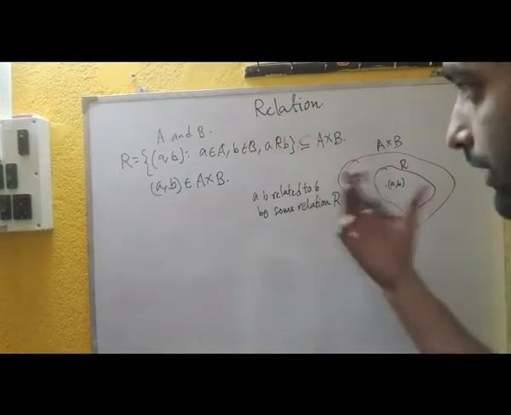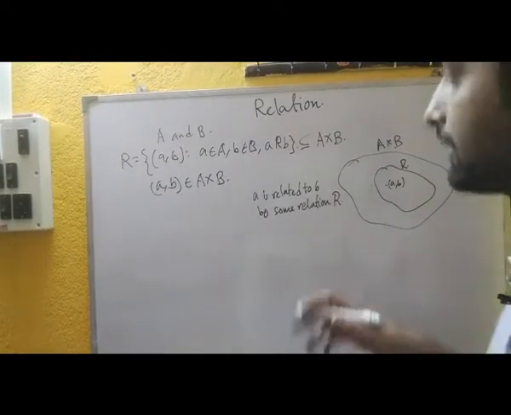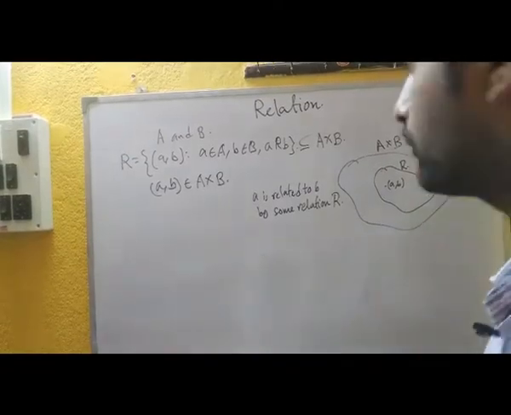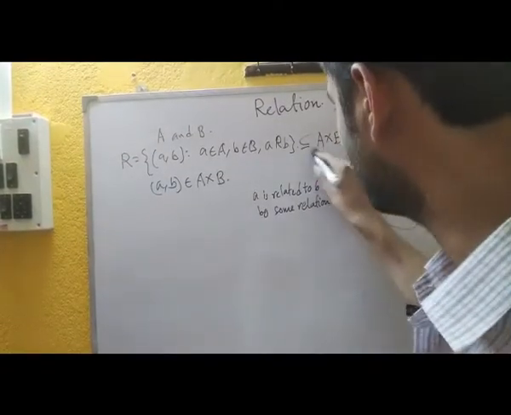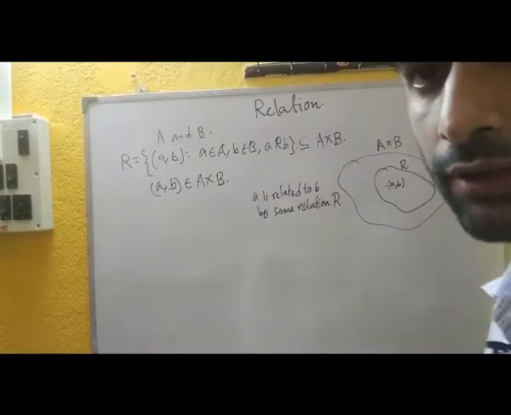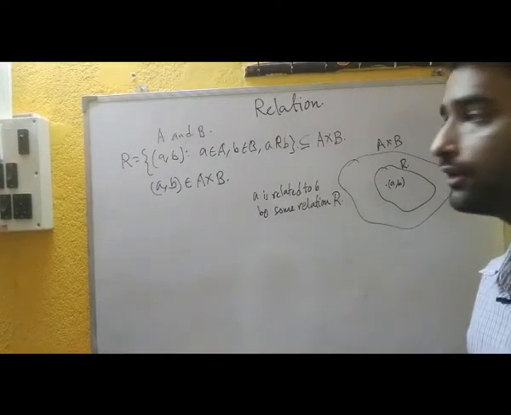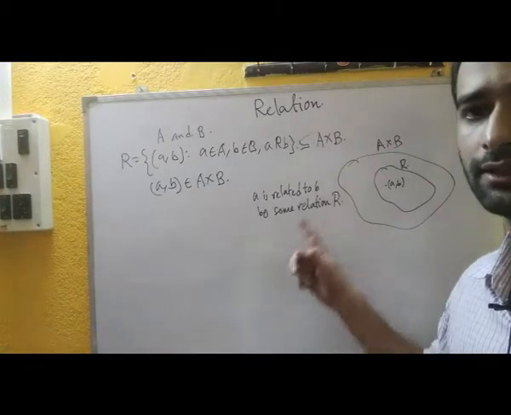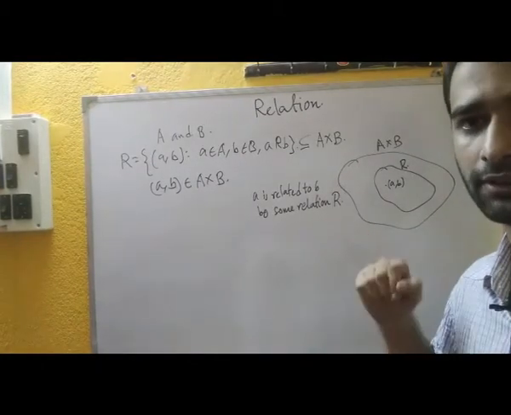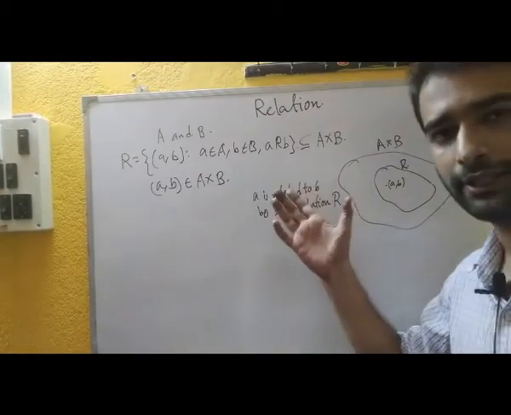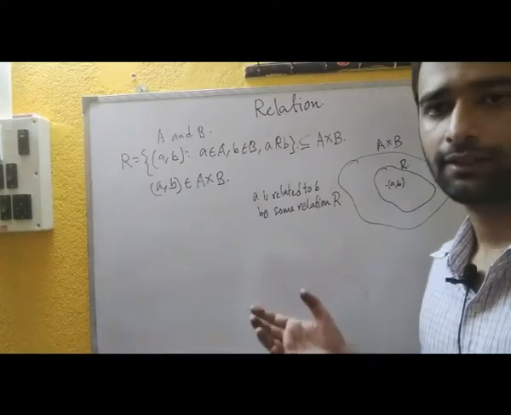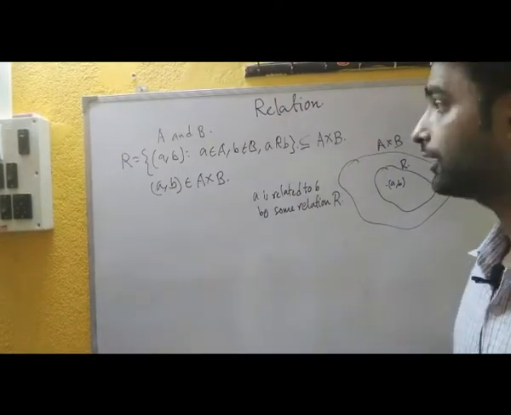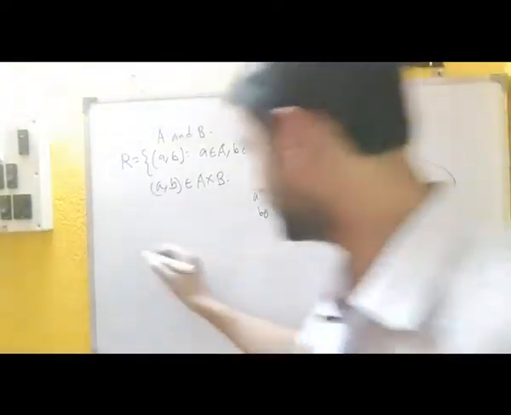So what I am trying to say is that every relation can be thought of as a subset of this set A cross B. So whenever we are considering a relation from A to B, we can say it is a subset of the Cartesian product A cross B. That we take as the definition of a relation between two sets A and B. So let me write the definition here.